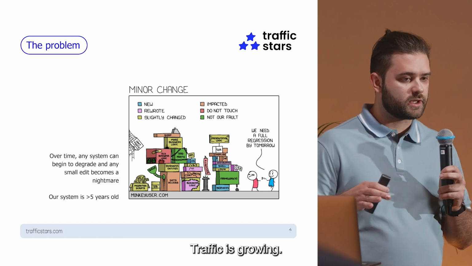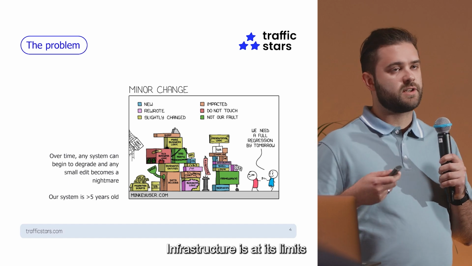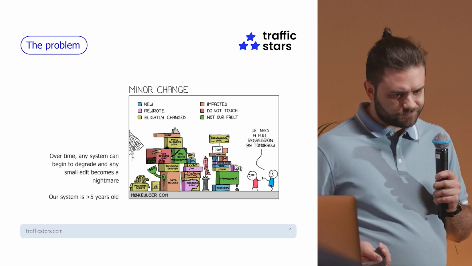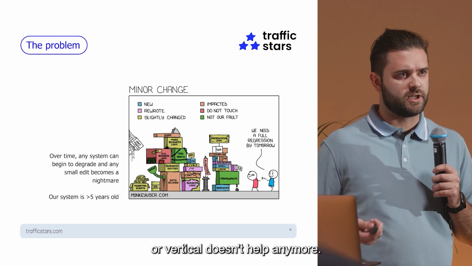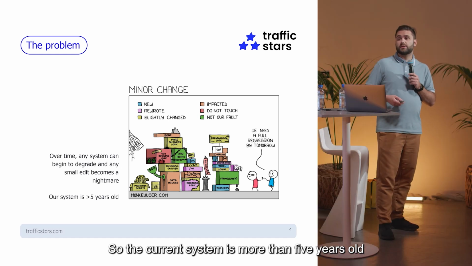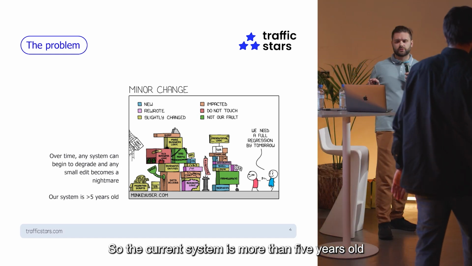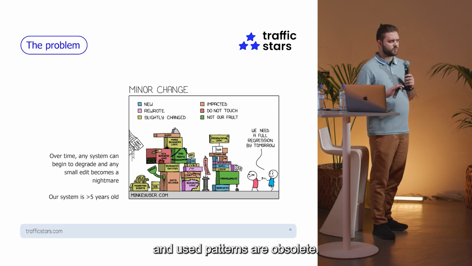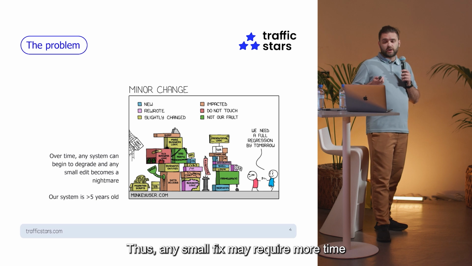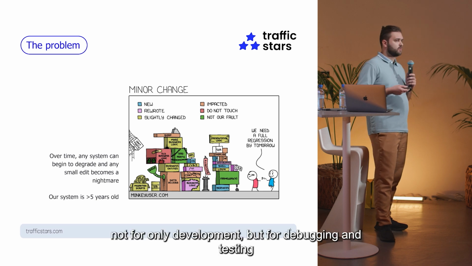Traffic is growing, infrastructure is at its limits, and scaling, both horizontal and vertical, doesn't help anymore. And it costs too much as well. The current system is more than 5 years old, and the patterns used are obsolete. Thus, any small fix may require more time, not only for development, but for debugging and testing.